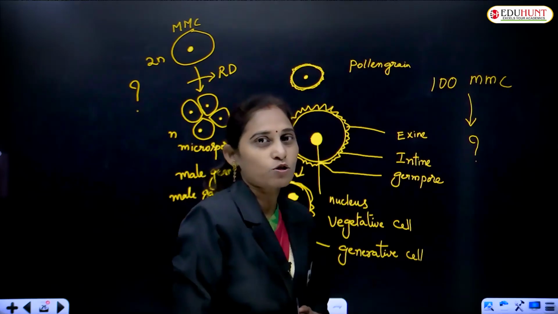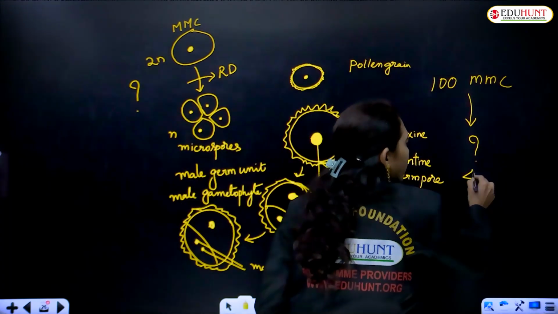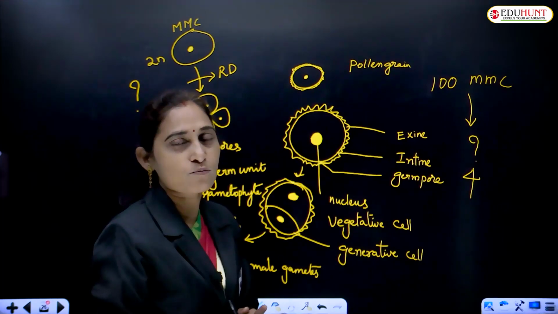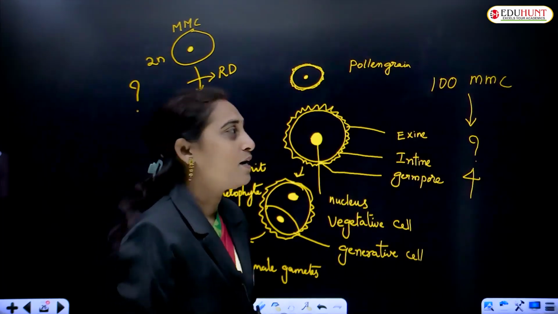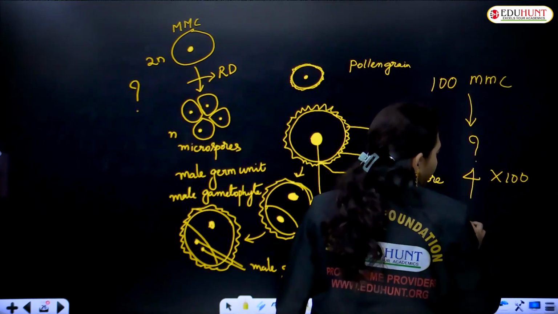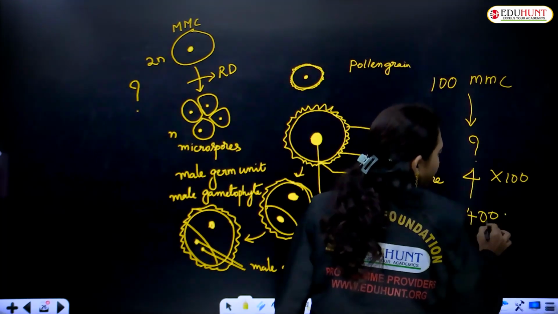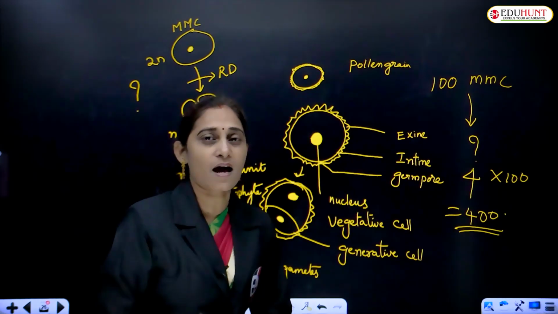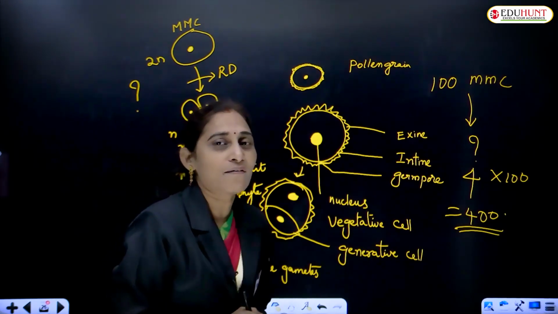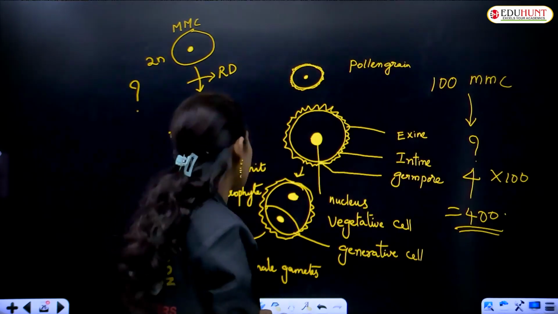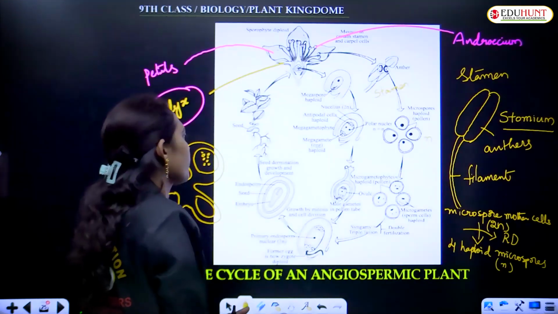From each microspore mother cell, 4 haploid microspores or pollen grains result. From 100, that is 4 times 100 equals 400. 400 microspores or 400 pollen grains are formed from 100 microspore mother cells. So this is the answer.